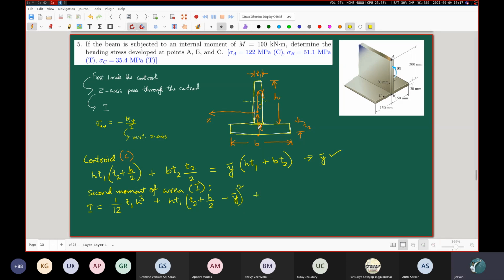Next, for this horizontal rectangle, we have to do the same kind of thing. So tell me, 1 by 12, this time b into t2 cube, plus what? What is the distance between the z axis and the centroidal horizontal axis of this horizontal rectangle?